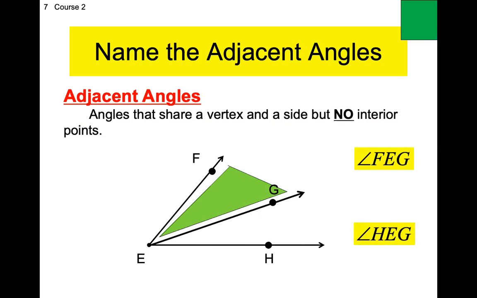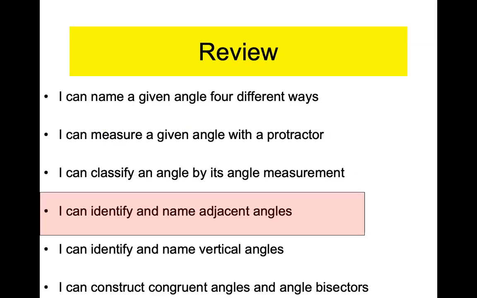Notice the issue of naming an angle E. Angle E doesn't describe any one of the 3 angles, right? You're like, well, which one do you mean? You mean the 2 small ones or the large one? So those are the 2 adjacent angles. We okay? Tonight for homework, we're going to ask you to do this. That's what adjacent means. We good? Okay, that wasn't too bad.